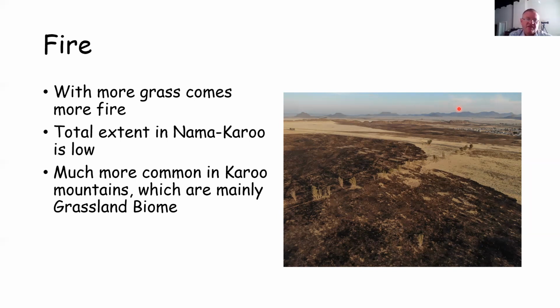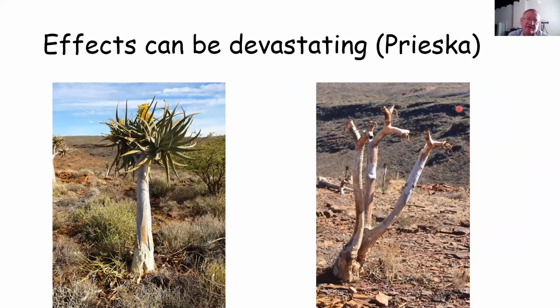Now, the effects of fire, of course, can be catastrophic, and here we have a picture of a piece of veld just to the west of Prieska, which is further west and further north of us, on the Orange River.